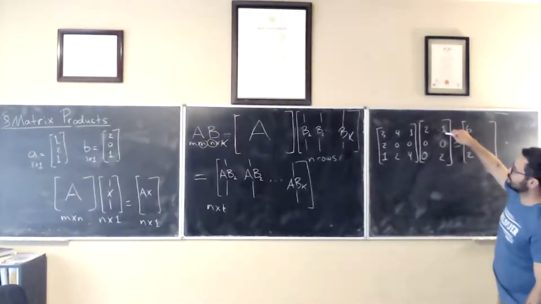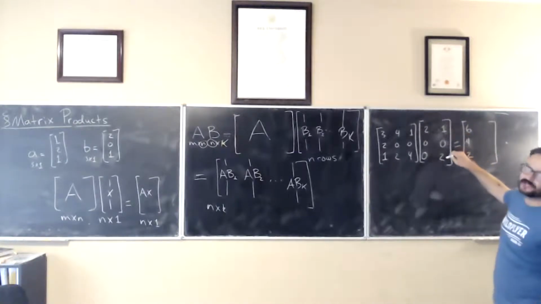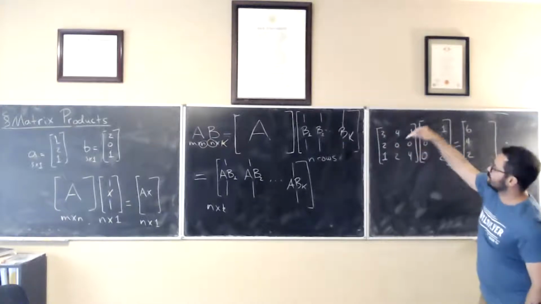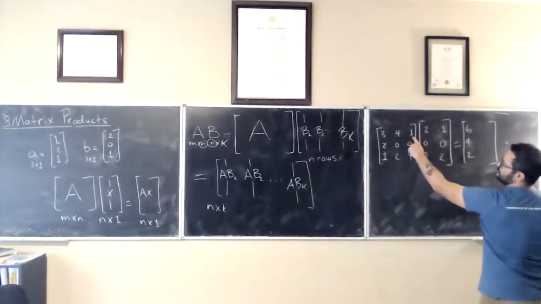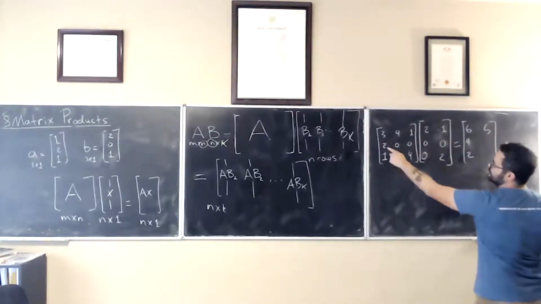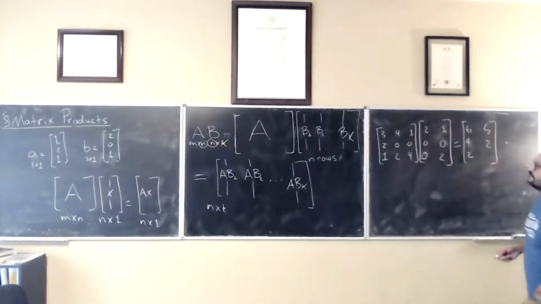It's 1 of the first column, 0 of the second column, twice the last column. So 1 of that plus 2 of that. So 1 of that plus 2 times that is a 5. 1 of that plus 2 times that is a 2. 1 of that plus 2 times that is a 9.